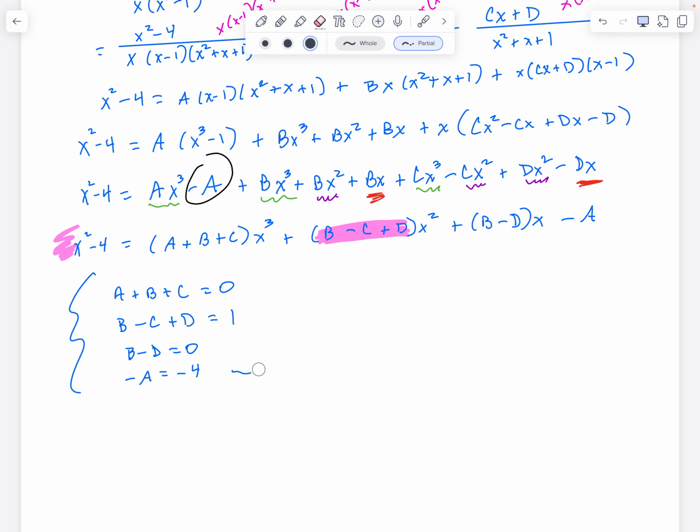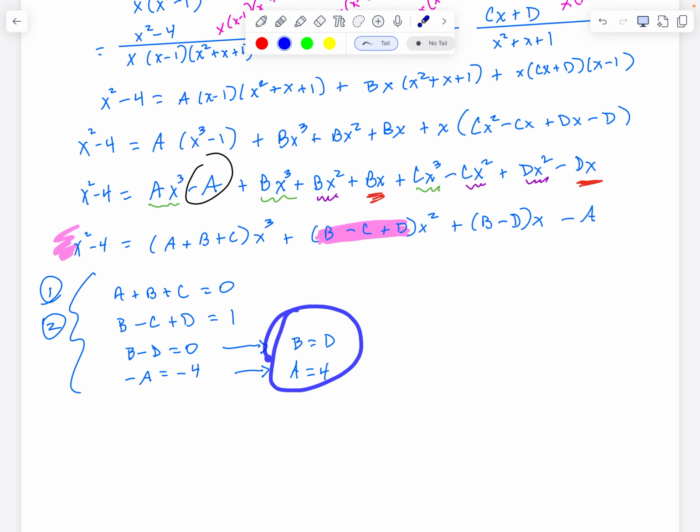And so you can go back to any of those that you want, but I know b plus c is a negative 4, and b is a negative 1. And I get c as a negative 3. So over here, I have a is 4, b is negative 1, d is negative 1, and c is negative 3.